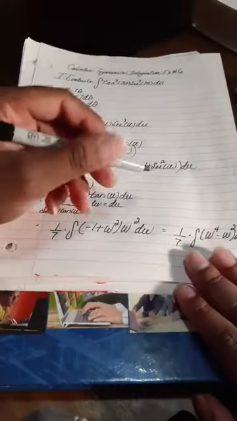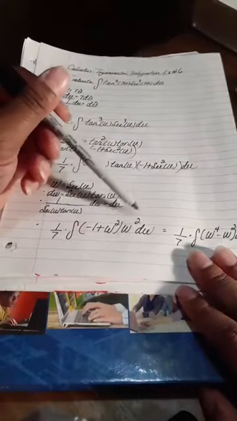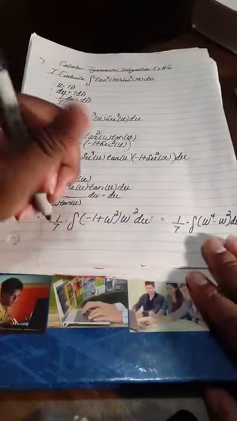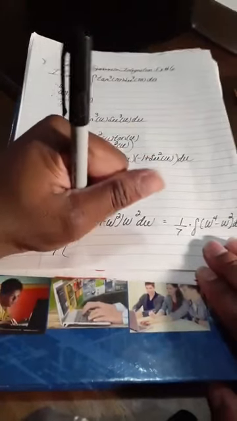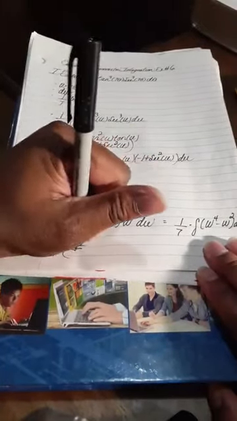Or if you wanted to, you could have easily written it as -w squared plus w to the 4th. It didn't make a difference how you write it. And now we just integrate it. So it's going to be 1 over 7 times w to the 5th over 5 minus w to the 3rd over 3 plus c.